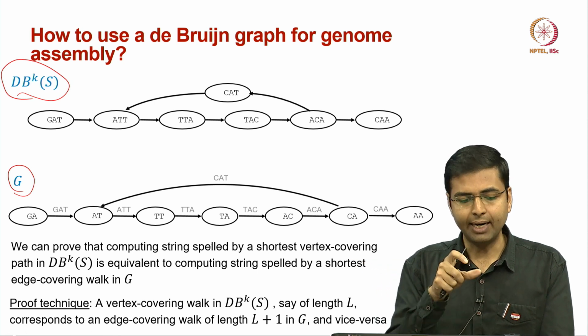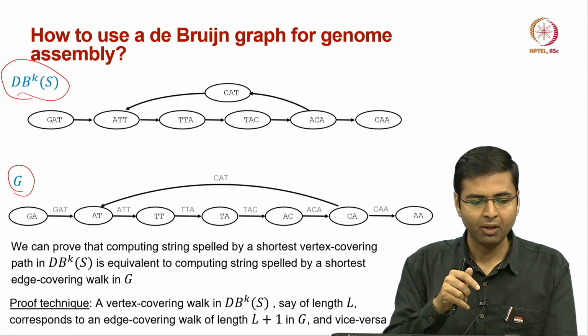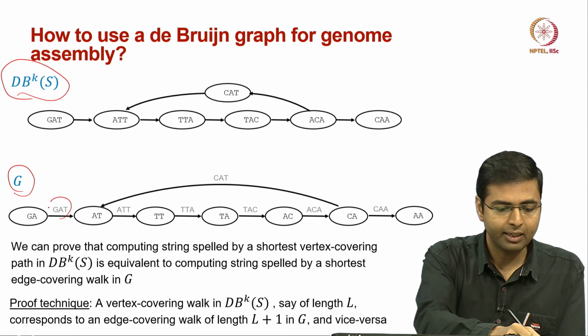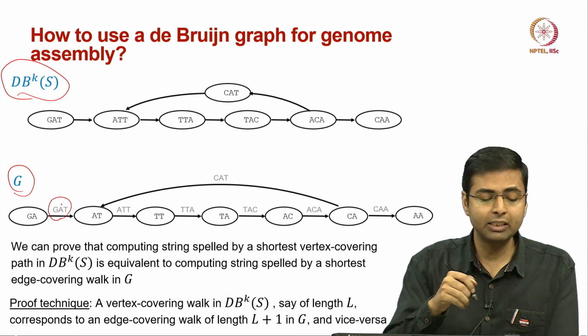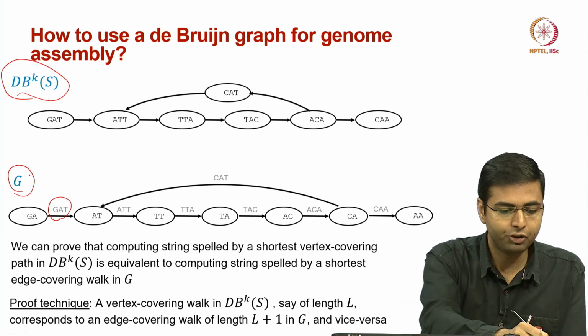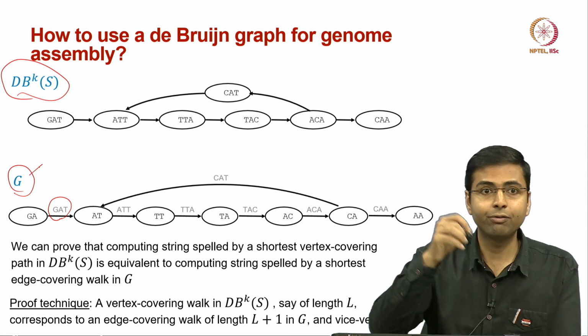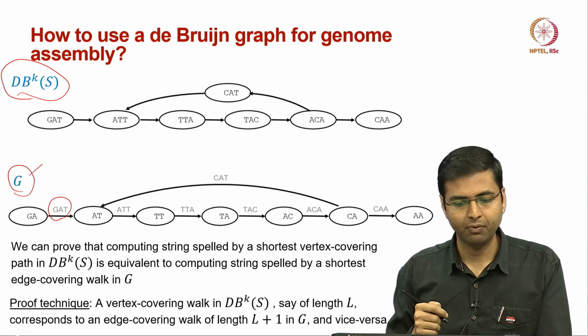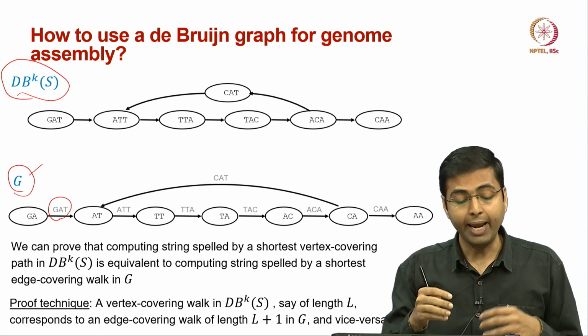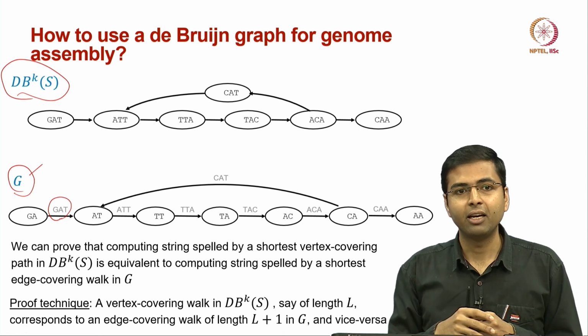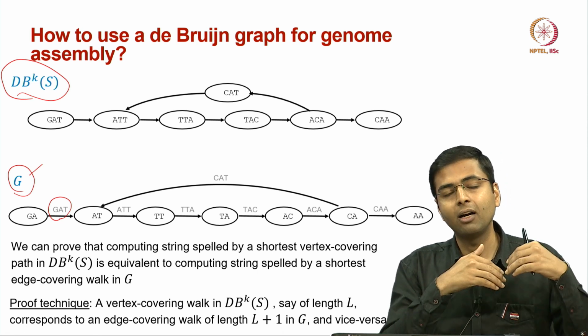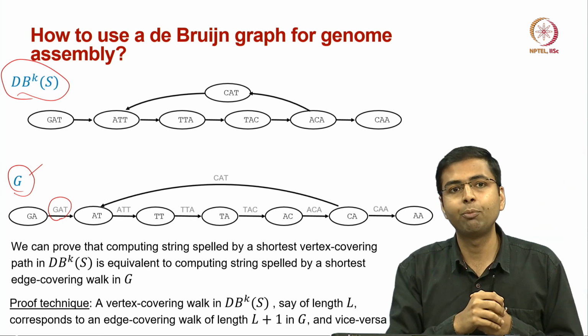Intuitively, at a glance you can see why: there is a one-to-one correspondence between an edge of G and a vertex of the original de Bruijn graph. So by covering edges in G, implicitly we are finding a vertex covering walk in the de Bruijn graph.